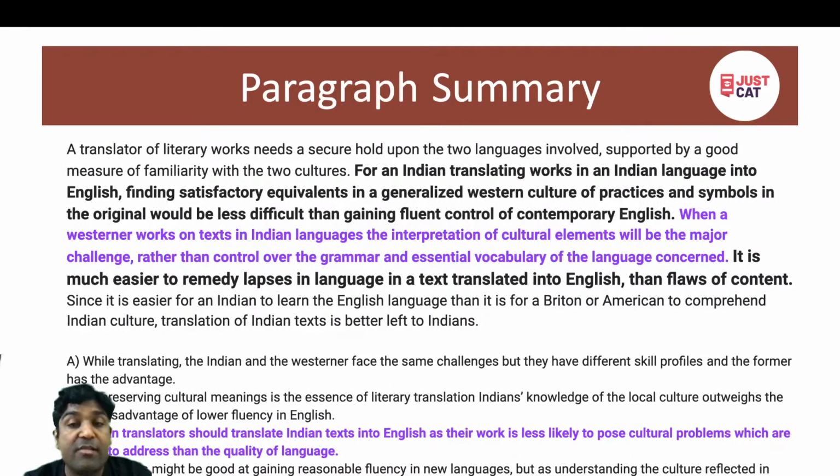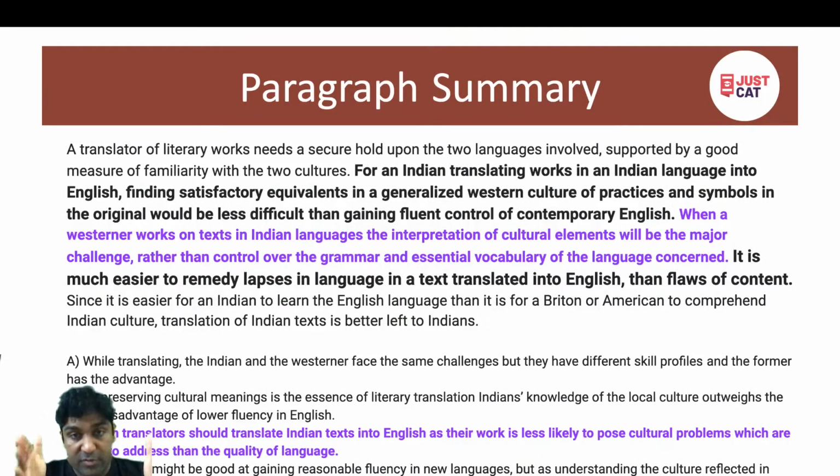But as understanding the culture reflected in literature is crucial, Indians remain better placed. So yeah, again it is crucial, but what has been said has not been said properly here.